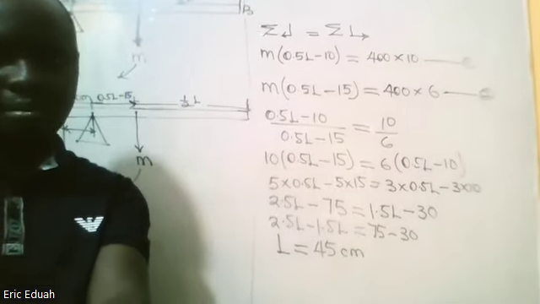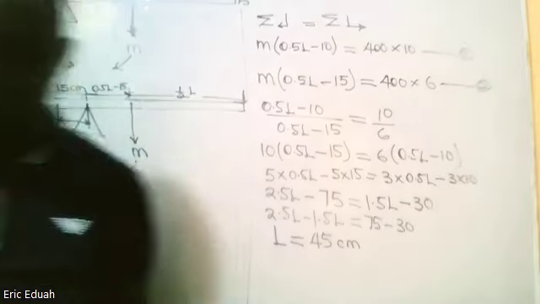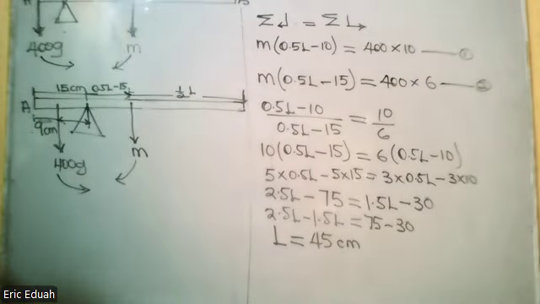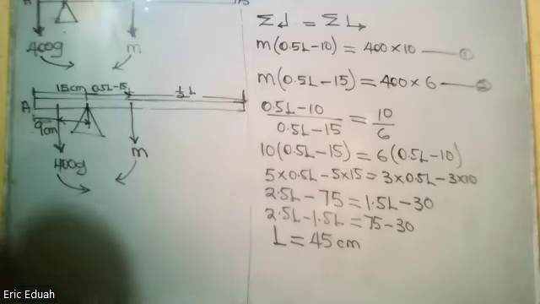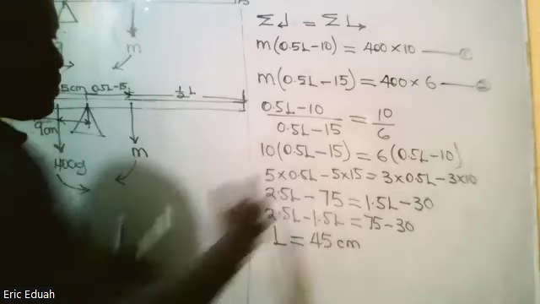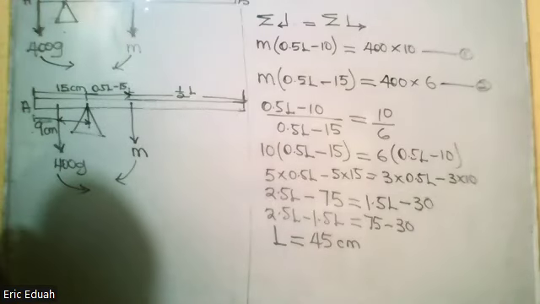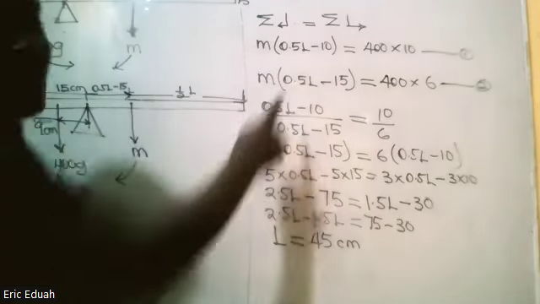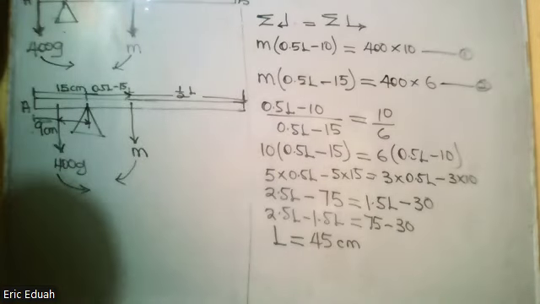Please, I have a question. Okay, go ahead. Mr. Edia, please, can you explain why we were dividing? Oh, I just wanted to reduce the values down. I divided equation 1 by 2.